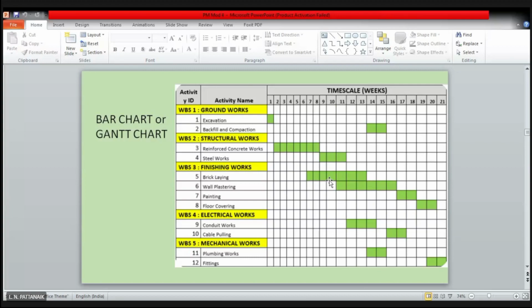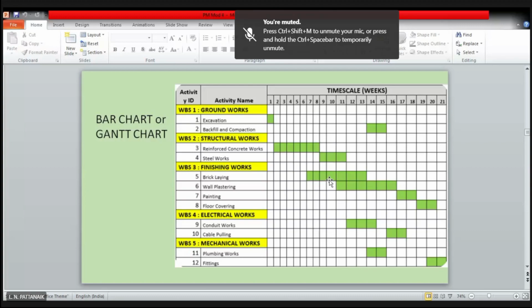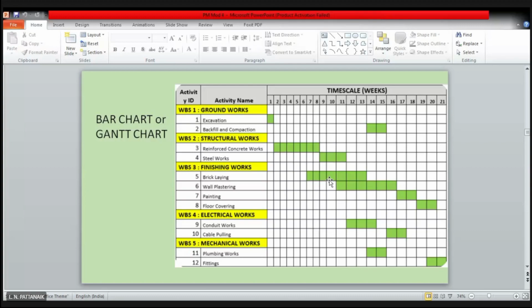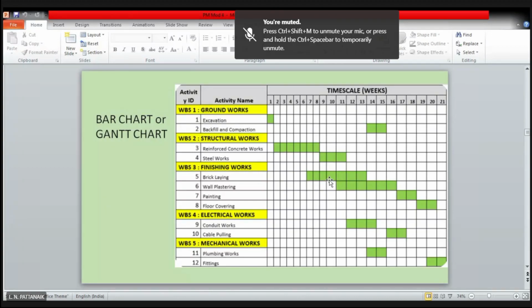So at that exact time when you are making this analysis, you can see whether it is as per the schedule, whether our steel work and our bricklaying are at the middle of completion. If it is not, you are lagging behind, or maybe you are far ahead. It cannot be possible also.